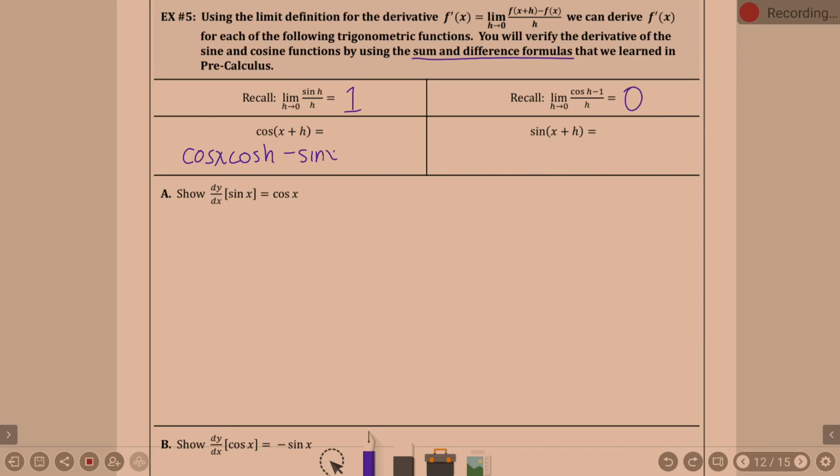So the cosine one was the second one we learned, and it's cosine, cosine, then you use the opposite plus or minus sign, and then you're doing sine, sine. Now, the sine one was the first one we learned.